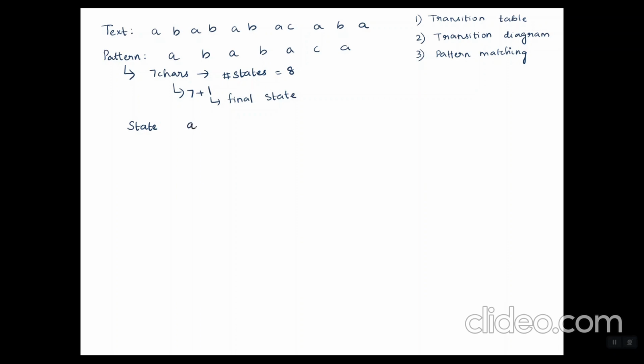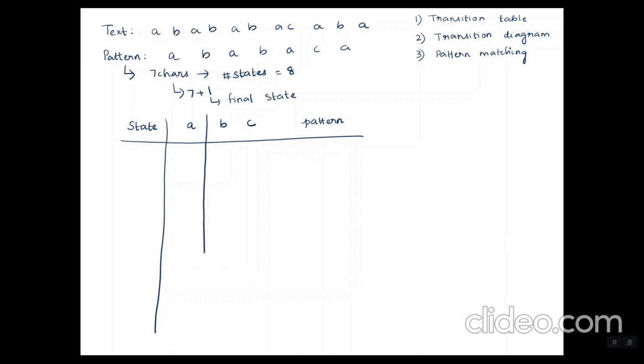So write those three characters here: A, B and C, and the entire text and pattern depend on these characters only. The last column is going to be the pattern character which the particular state is going to accept at an iteration. So these are the columns decided based on the input given to us.